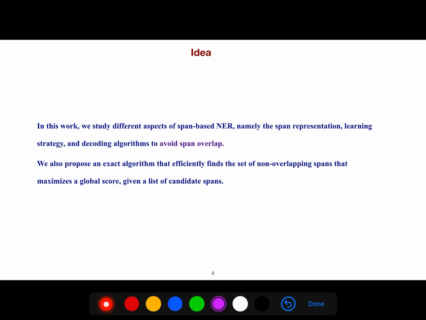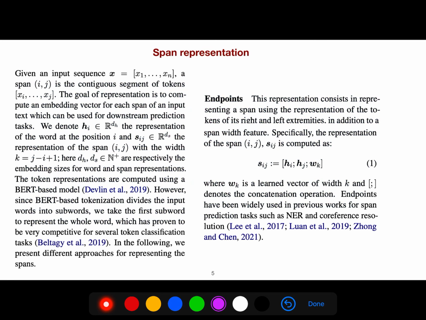So we study different aspects of span-based NER, namely span representation, learning strategy, and decoding algorithms, especially in this paper, to avoid span overlap. We also propose an exact algorithm that efficiently finds the set of non-overlapping spans that maximizes a global score given a list of candidate spans.